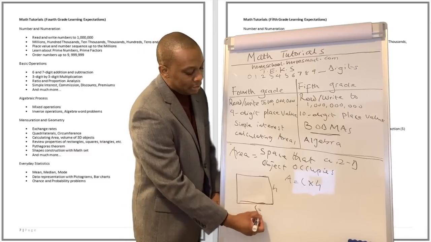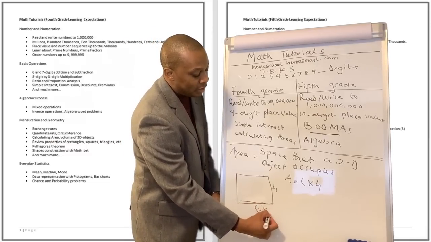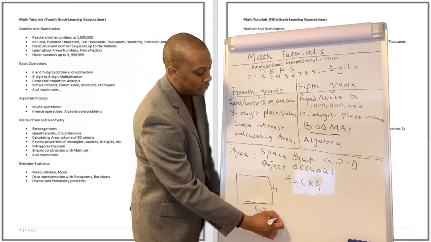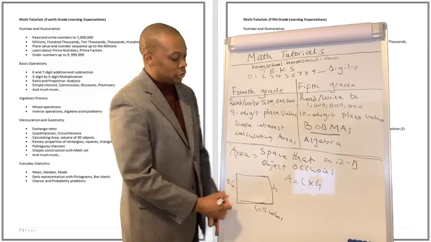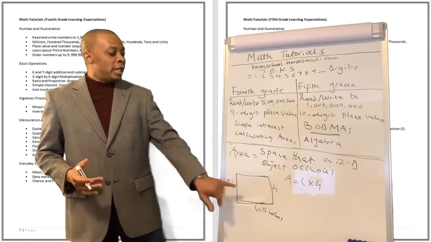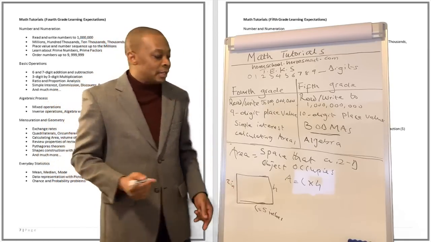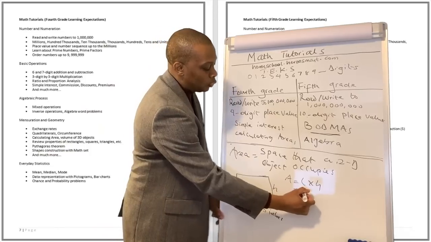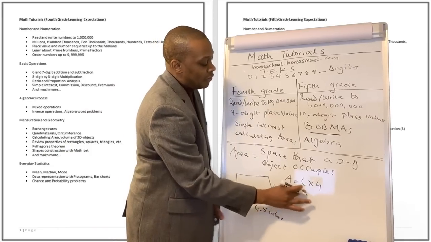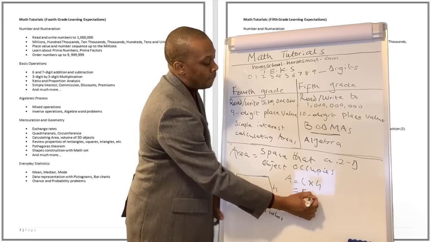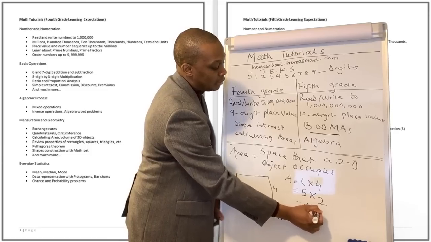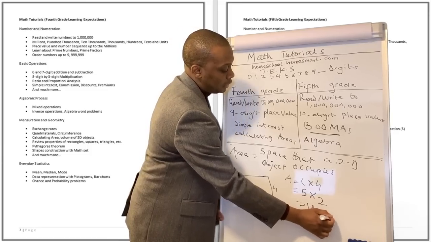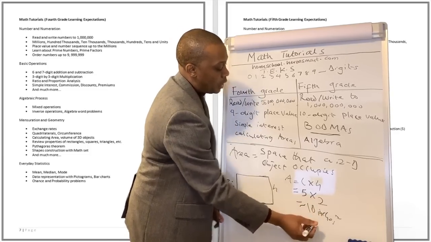Let's assume the length is about 5 inches, and the height is about 2 inches. What is the area of this rectangle? The area is going to be equivalent to 5, which is the length, multiplied by 2, which is equivalent to 10 square inches.